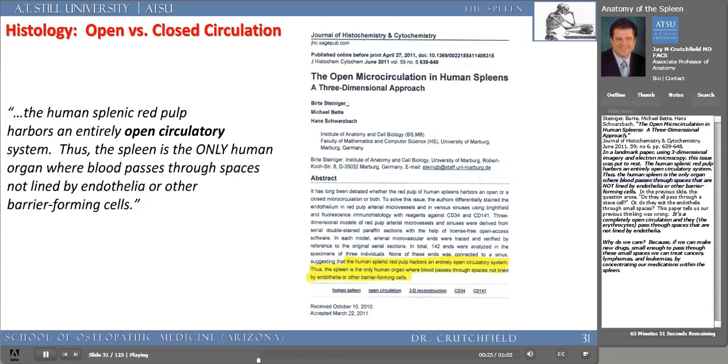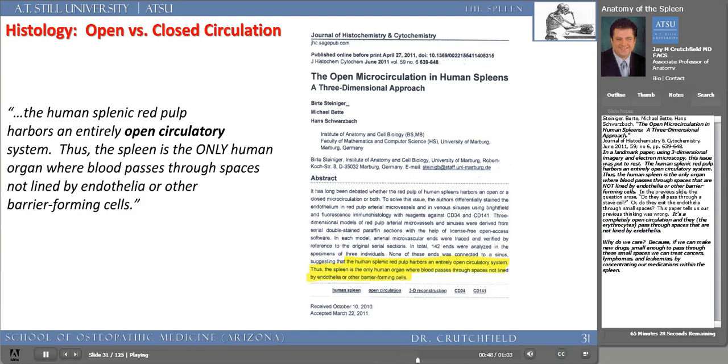In the previous slide, the question was whether they pass through a stave cell or they actually exit the endothelia through small spaces. This paper tells us that all of that was wrong. Actually, it's a completely open circulation and they pass through spaces that are not lined by endothelia.